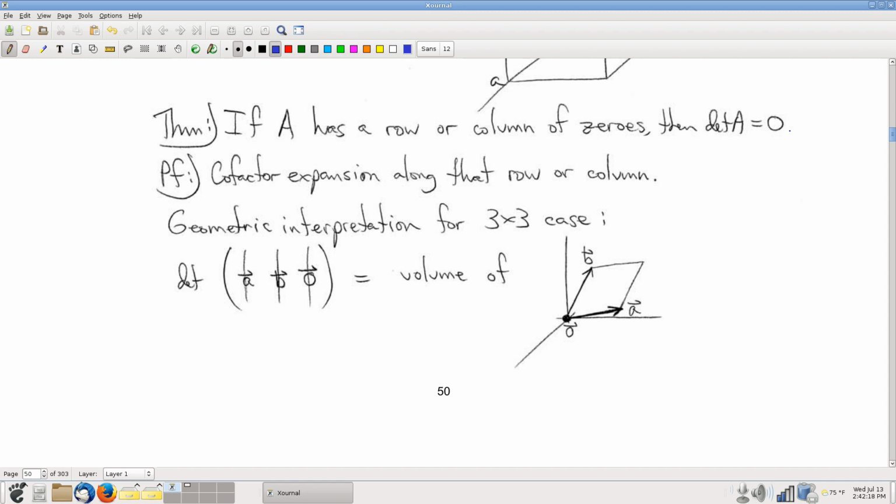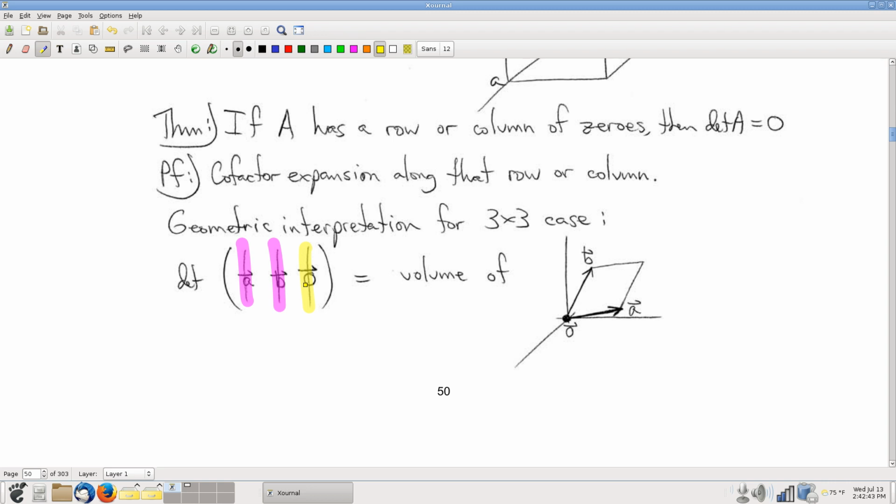There's a geometric interpretation of this as well. Again, I emphasize this geometric point of view is not a proof, and is only in the 3x3 case. Suppose we have these 3 columns, and let's say the third column happens to be the 0 vector.